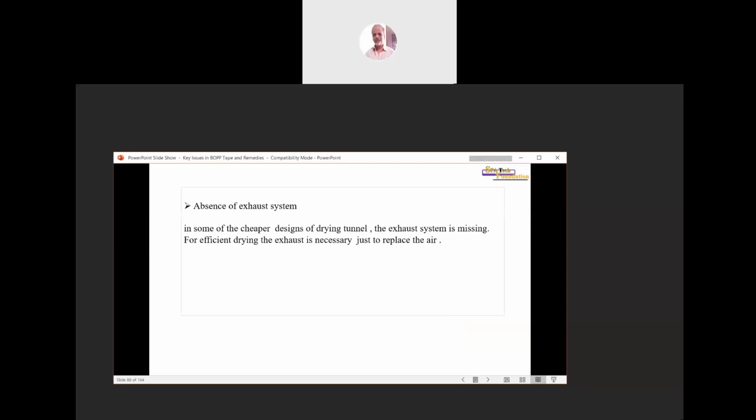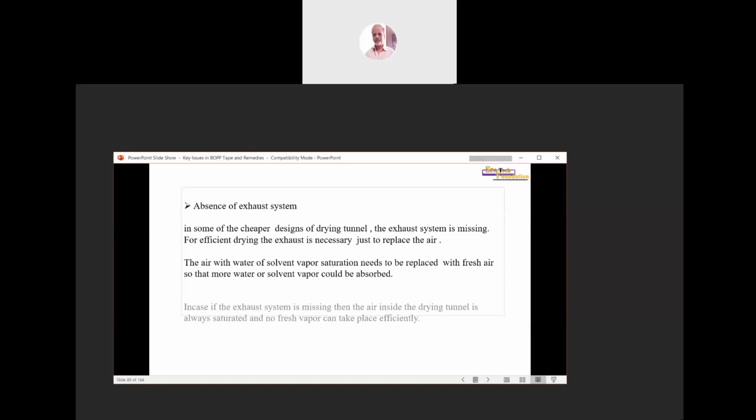Absence of exhaust system. In some of the cheaper designs of drying tunnel, the exhaust system is missing. For efficient drying, the exhaust system is necessary just to replace the air inside the drying tunnel. The air with water or solvent vapor saturation needs to be replaced with fresh air so that more water or solvent vapor could be absorbed.